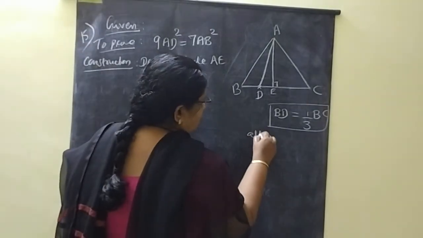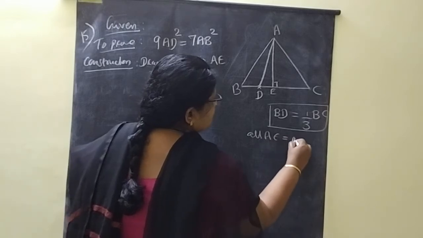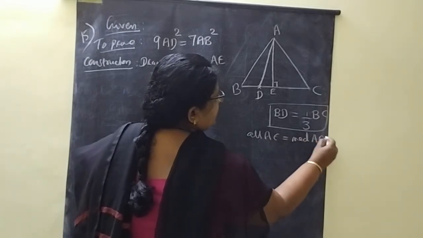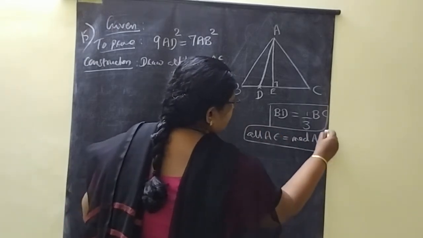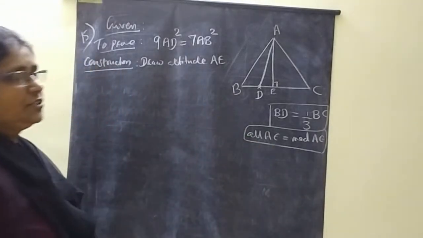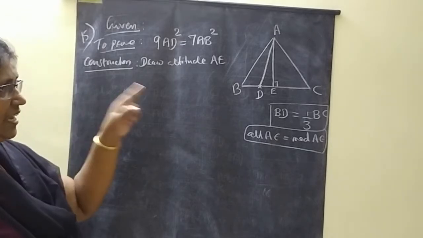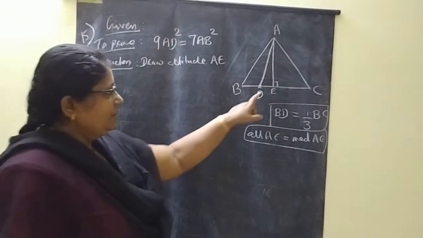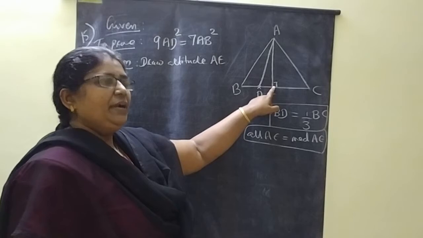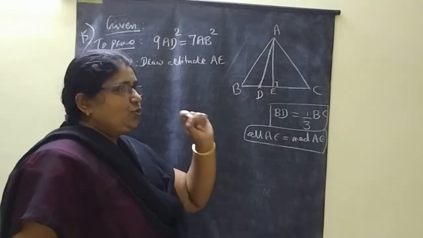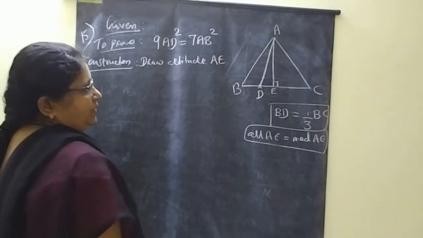So altitude AE is same as median AE in the case of equilateral triangle. So altitude means naturally angle E is 90. Median means E is the midpoint also. So that two things you keep in mind.